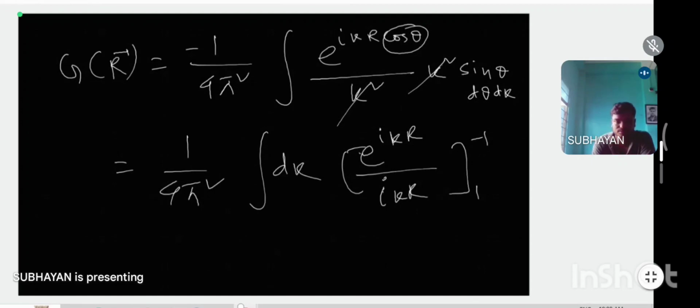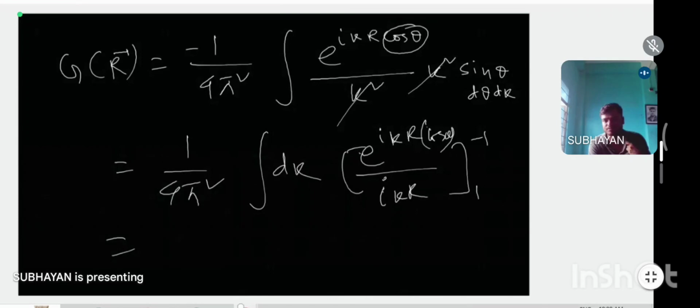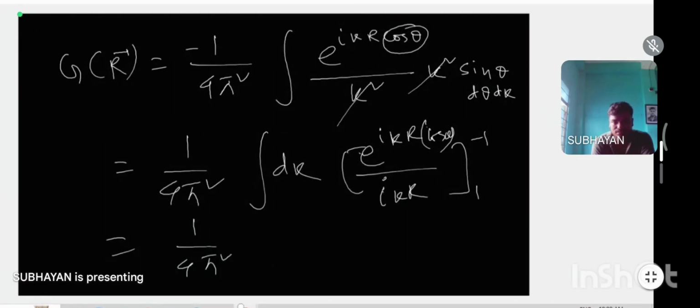Okay, e to the power ikr cos theta was there. So the value of cos theta should be from 1 to minus 1, or the value of theta will be 0 to pi. So after performing this integration and putting the limit, you will find e to the power minus ikr minus e to the power ikr, which will be minus 2i sin kr by ikr.